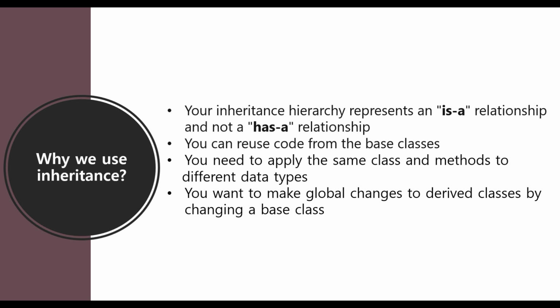So we can say, for instance, that dog is an animal. And in this case, we could have a class dog that inherits from a class animal. And in this case, we can also implement this type of hierarchy to know exactly, let's say, which class is the base class for all derived classes.